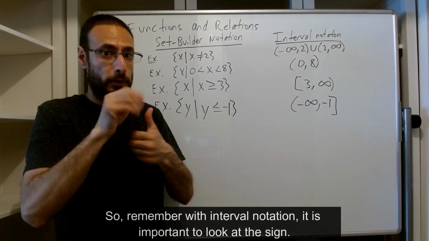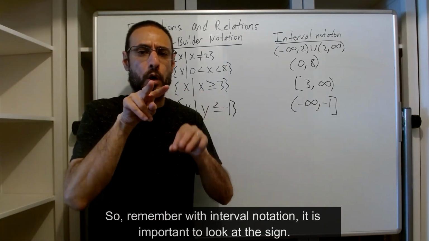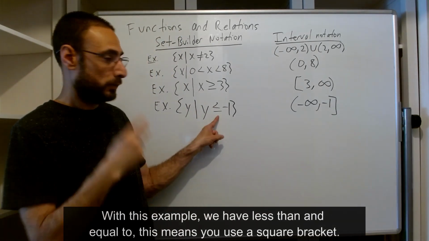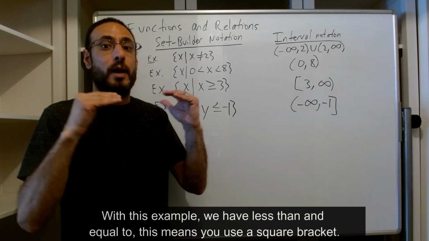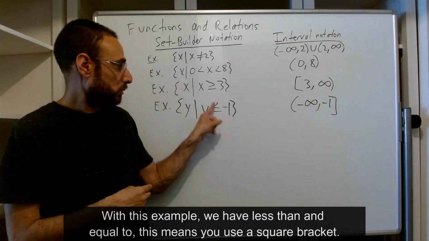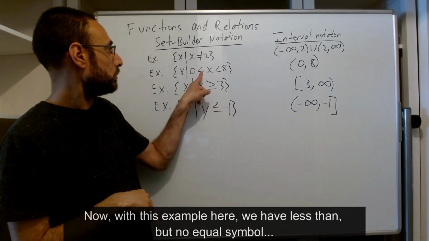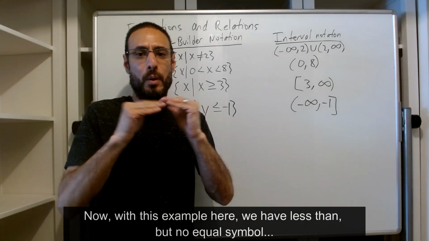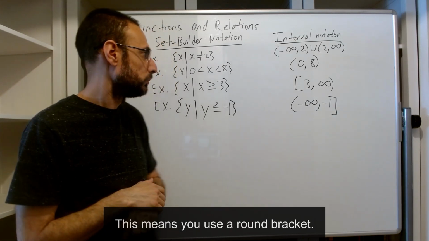With interval notation, it is important to look at the sign. With this example, we have less than or equal to. This means you use a square bracket. With the other example, we have less than, but no equal symbol. This means you use a round bracket.